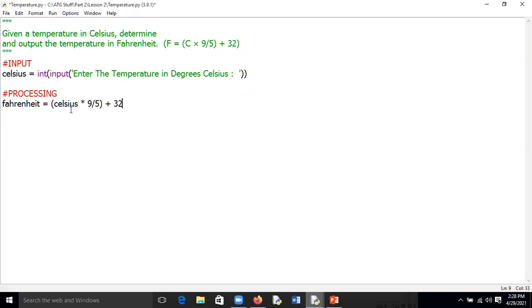Just to mention that in programming, we still follow the Bodmas rule. So your Bodmas rule, it's brackets first, and then off actually represents multiplication.